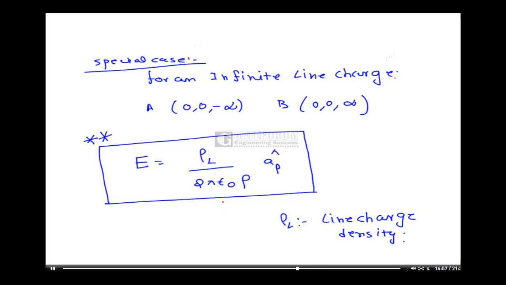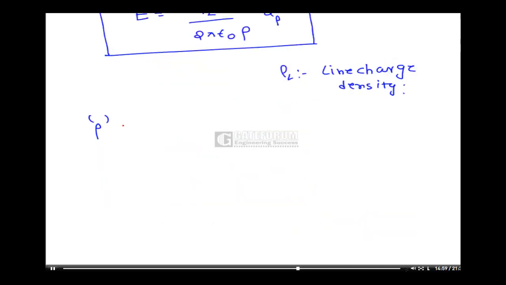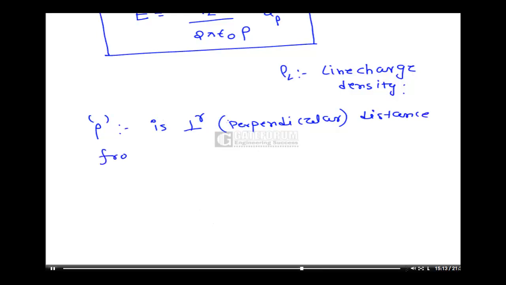Rho is the perpendicular distance from the line to the point of interest.